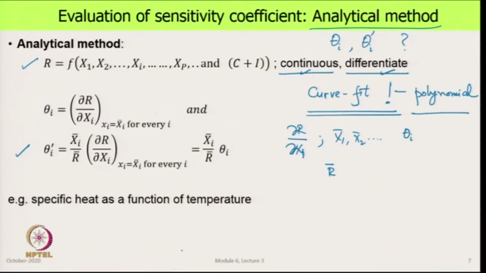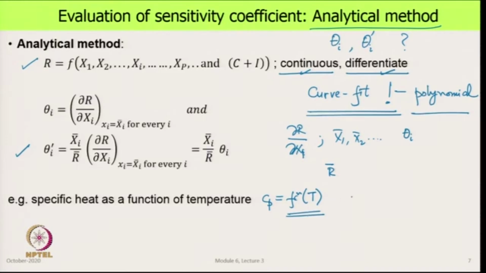An example of where we could use this, if it is a one function formula, is specific heat of a material, usually Cp, this is a function of temperature. So, this would generally be a polynomial with 3-4 terms in it, and if we want to calculate the sensitivity coefficient of specific heat relative to temperature, we could go through this technique and do that.